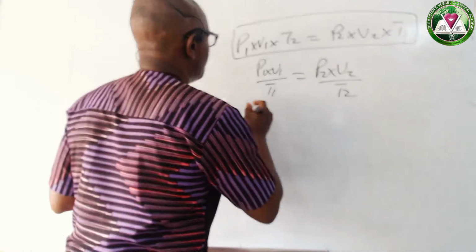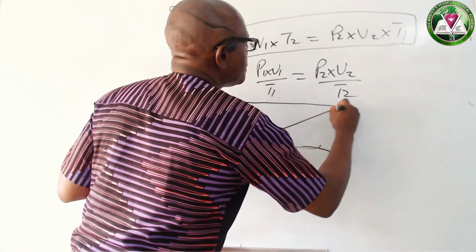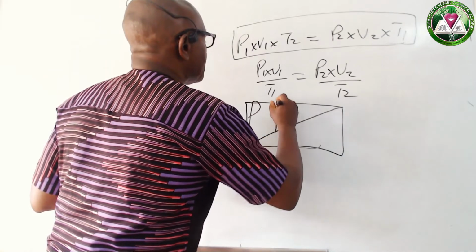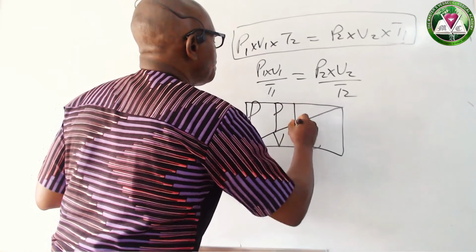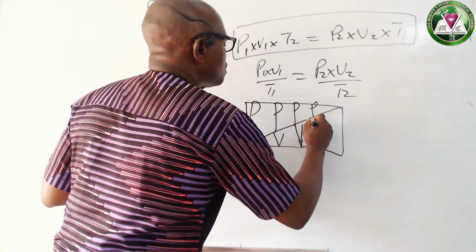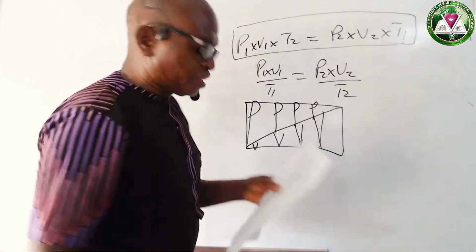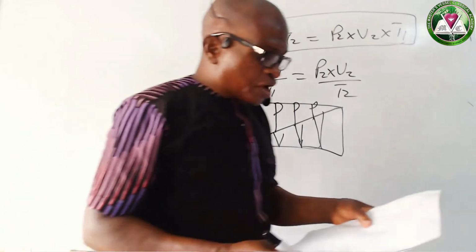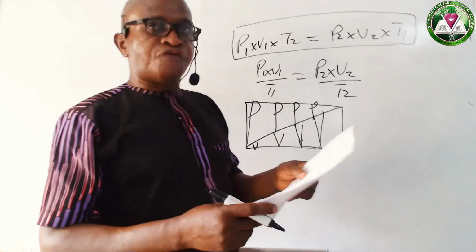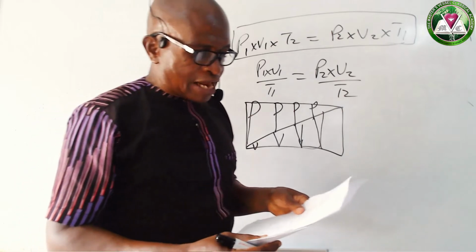And usually we have a diagram like this. You can see that as pressure is decreasing, volume is increasing. Therefore, an increase in the pressure of a gas results in a decrease in its volume, because volume is inversely proportional to pressure. The answer there is C.